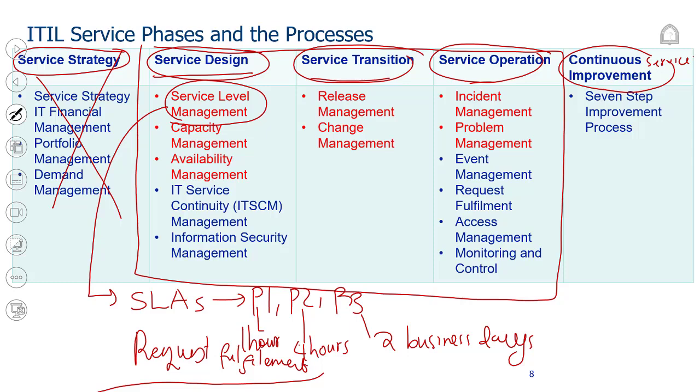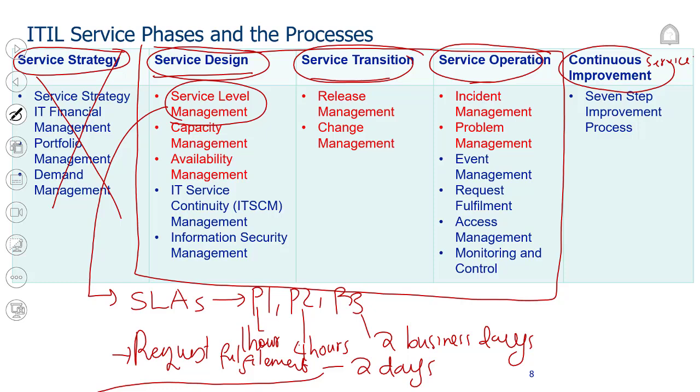If I agree with my customer that that process should take 2 days, I can raise a request fulfillment ticket to the service desk, and the service desk should be able to coordinate that with the technical teams to make sure that I get my laptop, my accounts are created, and everything that I need is ready within those 2 days.